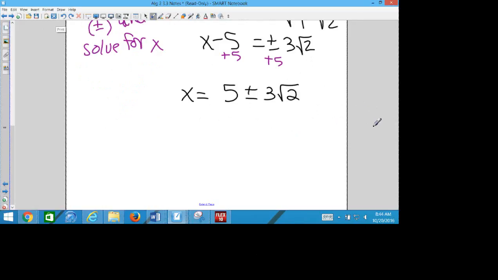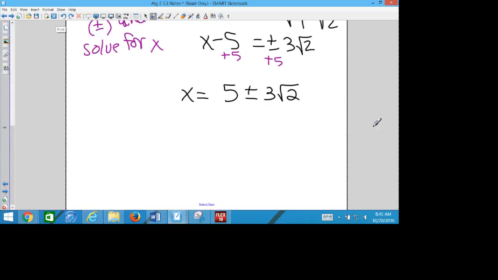Can I add 5 with 3 radical 2? 3 radical 2 is not 3, it is 3 radical 2. This whole thing stays together. Can I add a 5 with something that is a radical? The answer is no. So if you have a radical left in it, you cannot add these together.